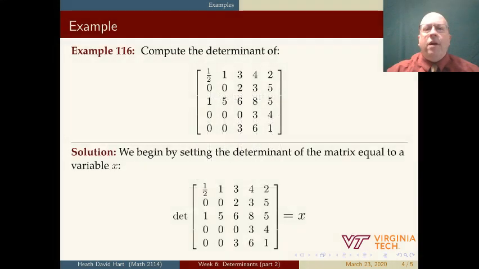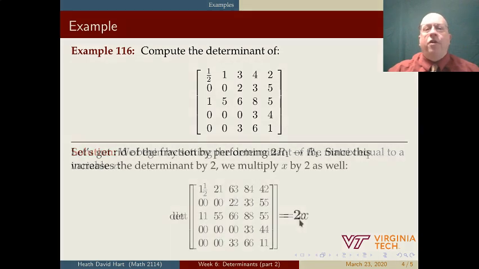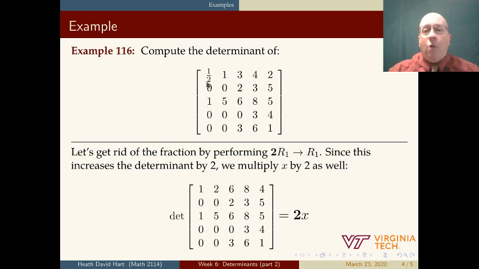The first thing we want to do is change the 1/2 to a 1. Before we do that, we're going to set the determinant equal to some variable. We'll call that variable x. Now when we do the row reduction step that changes the 1/2 to a 1, we're replacing row 1 with 2 times row 1, but that causes the determinant to double, and so we also double the x on the other side.